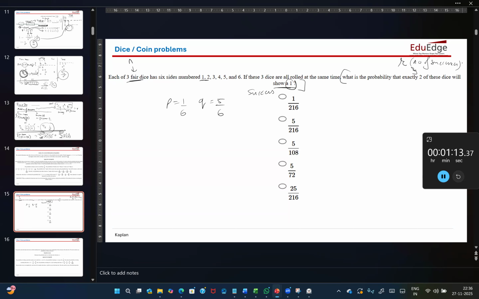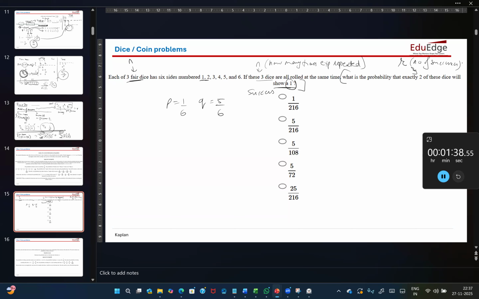How many times is the experiment repeated? Three times the dice is rolled. So that's n. NCR is 3C2. P raised to R. P is what? 1 by 6. R was what? 2.